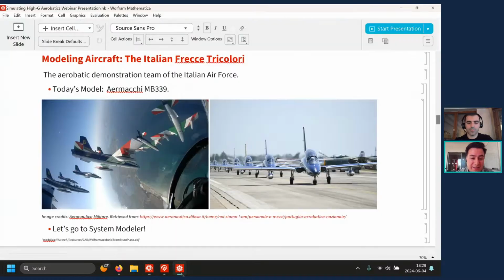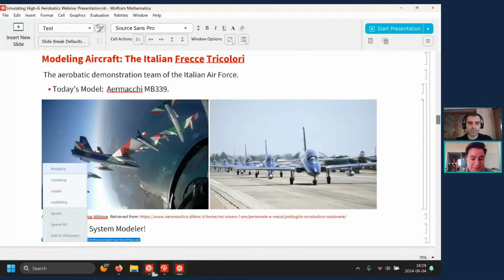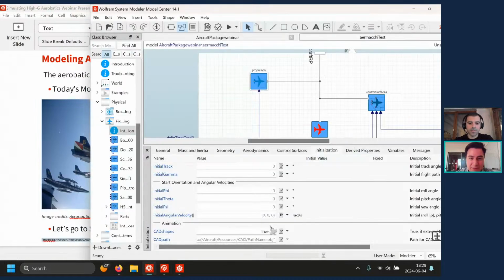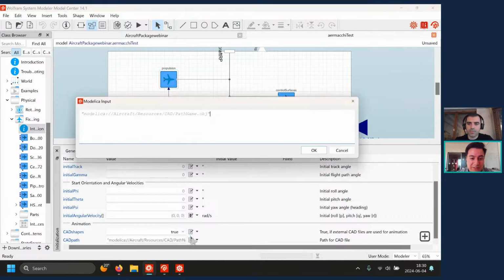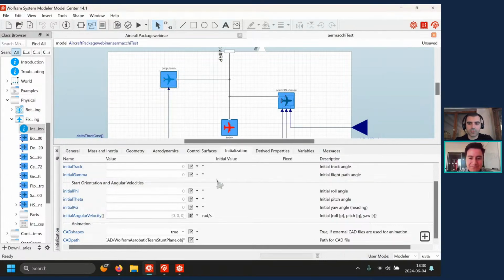Right now, I have this path saved over here, and I will put it here. You can either put it here directly or open it so you can see it complete. Good, so it looks okay.